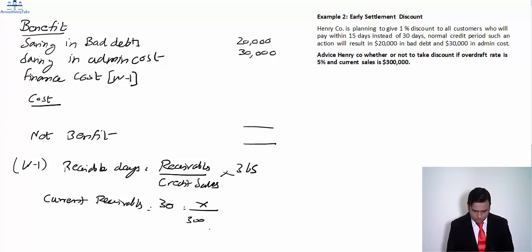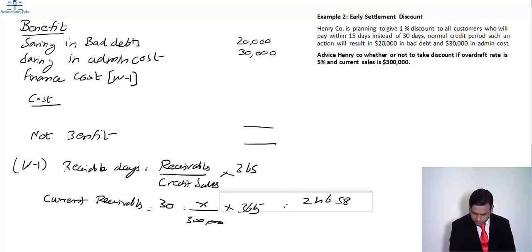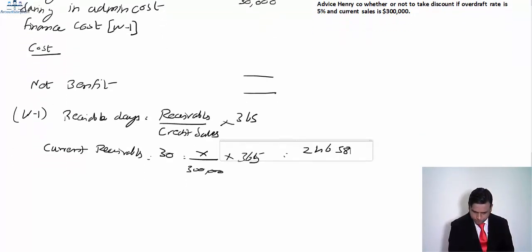Current is 30 days. 365 is the number of days in a year, or we are assuming there are 365 days in a year, and this will give us 24658.